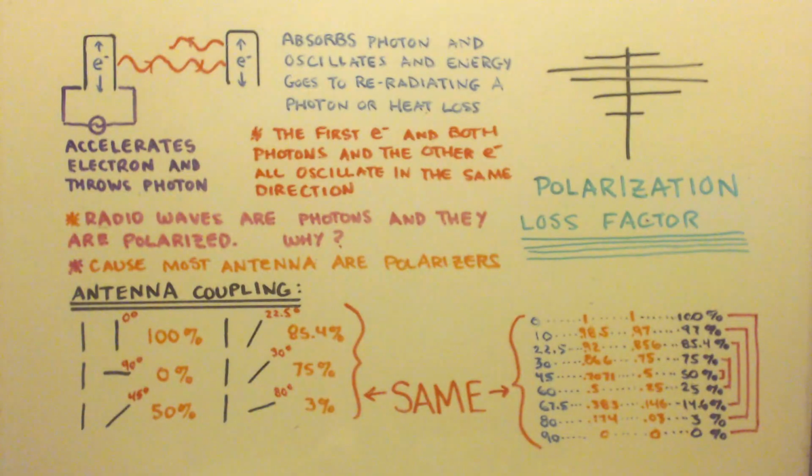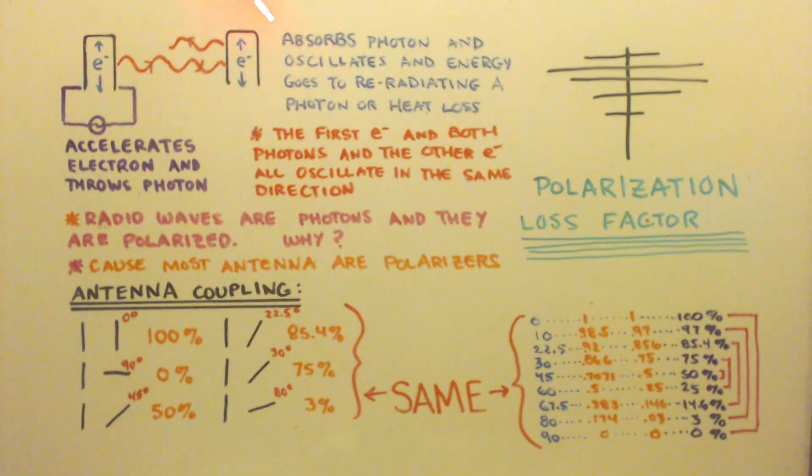When it hits this piece of metal, the other antenna, the antenna absorbs the photon, and it starts oscillating. And then that oscillation makes it throw out a photon, and it's going to throw it out back the way it came.